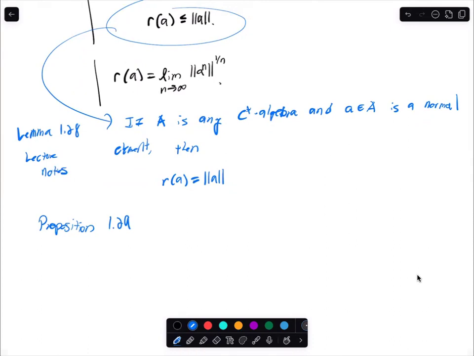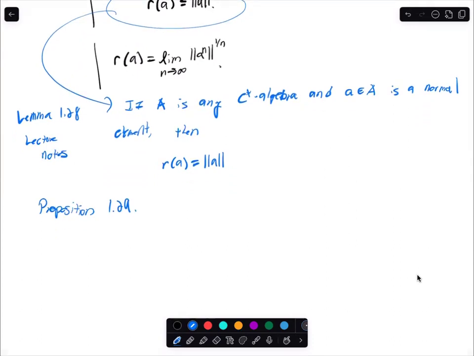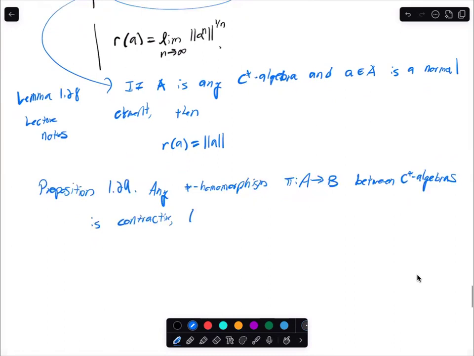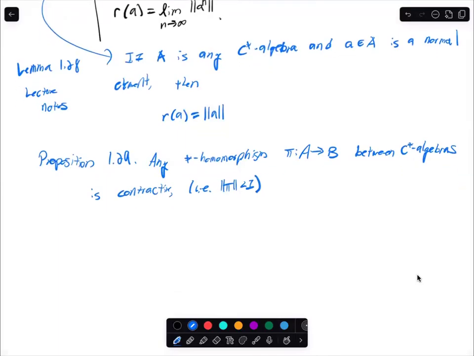Proposition 1.29 says that any star homomorphism pi going from A to B between C-star algebras is contractive, i.e., the norm of pi is at most 1. It only shrinks and is hence continuous.